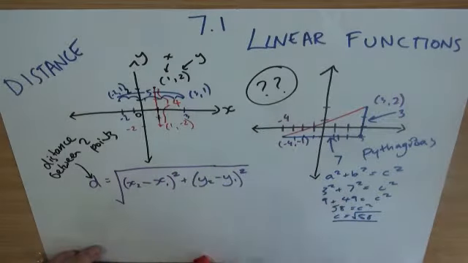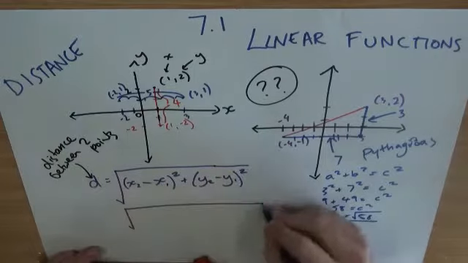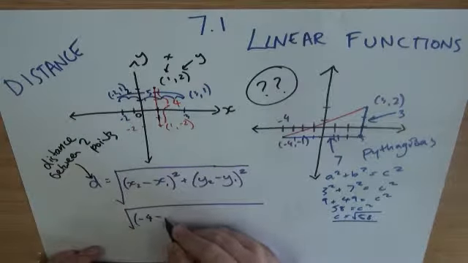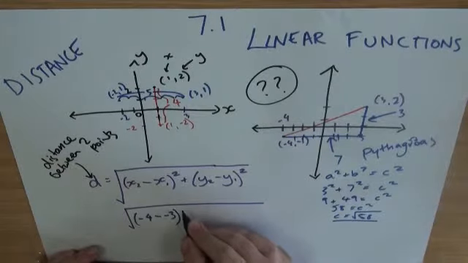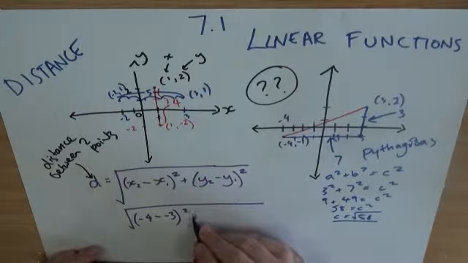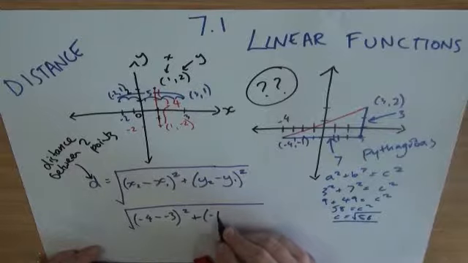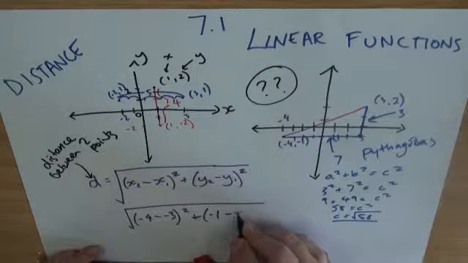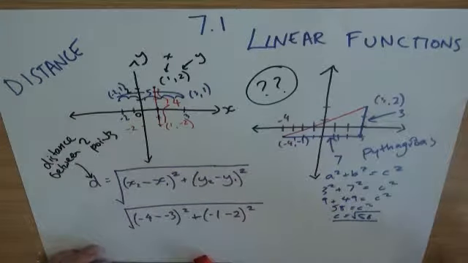x1 will go 4, so in the case of the other one, minus 4 minus 3 squared plus minus 1 minus 2 squared.